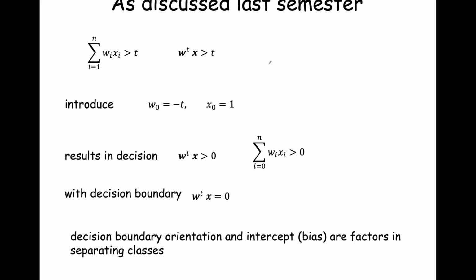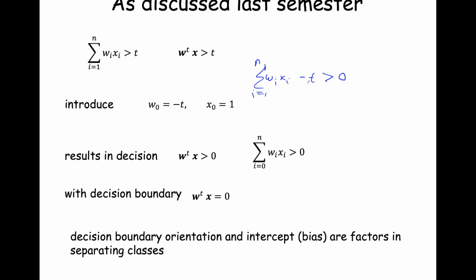And so if we rewrite this expression, that's literally taking the sum of Wi Xi, where i goes from 1 to n, and then we subtract T from both sides of the inequality, minus T is greater than 0.